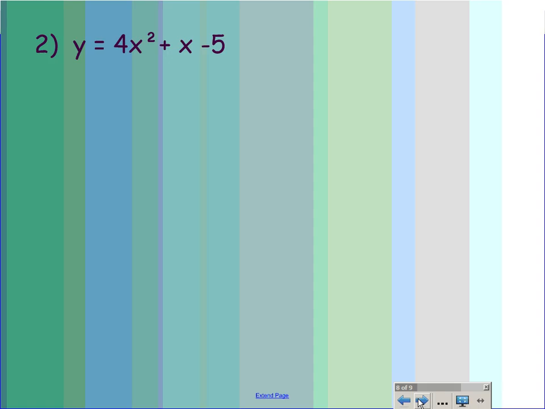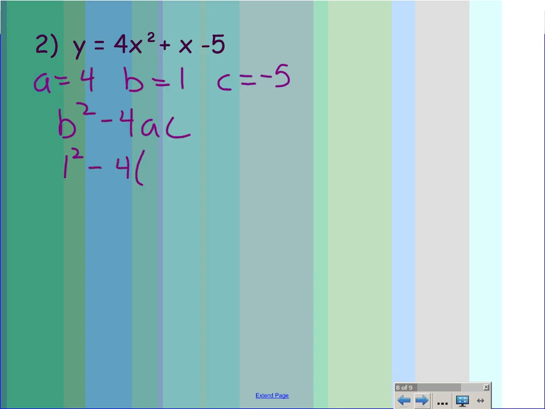So as far as our A, we've got 4. B, I've got 1, C, negative 5. So we've got B squared minus 4AC. So 1 squared minus 4 times 4 times negative 5.